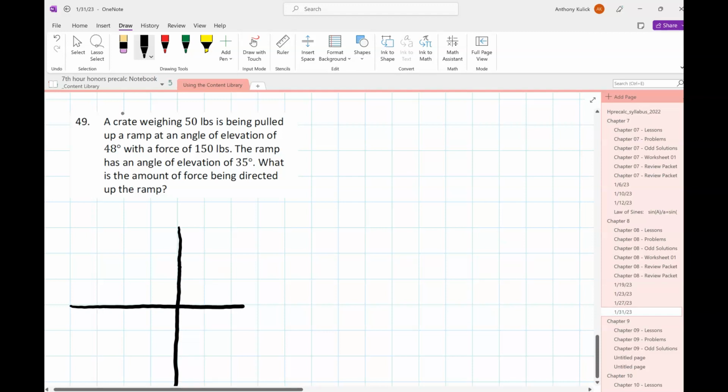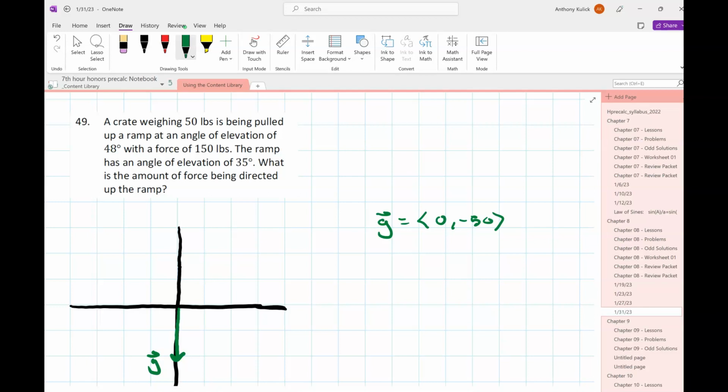I read 3. Create the ramp. Yeah, so you have gravity from the mass. If there's mass, will it always be gravity? Absolutely. And then we have a pull. So 48 degrees.